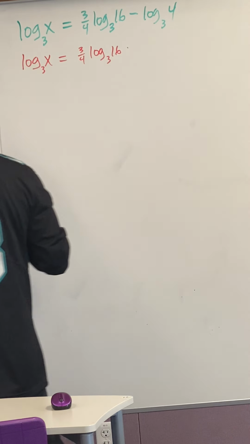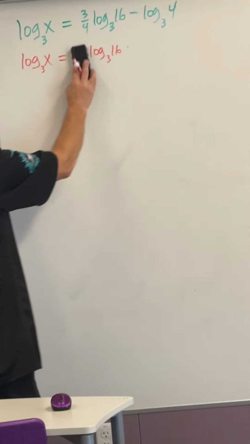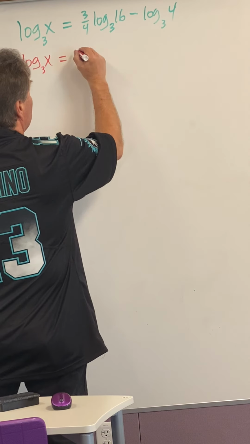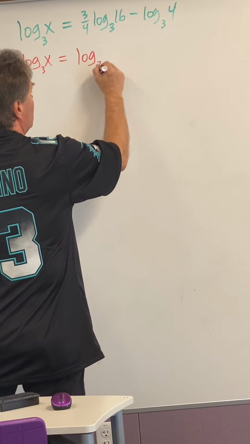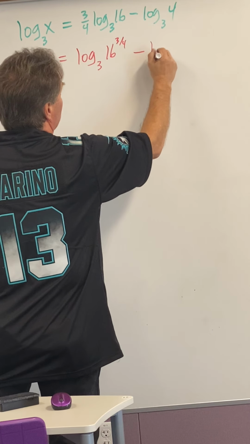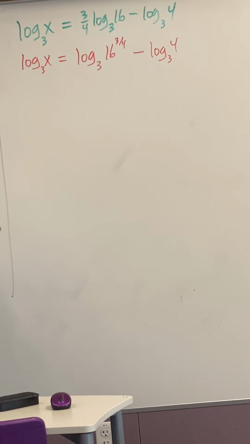Wait a minute. I don't know why I put the 3/4 there. I need to pump the 3/4 up as an exponent. So it's going to be log base 3 of 16 to the 3/4 minus log base 3 of 4. Now I'm going to simplify 16 to the 3/4 power.